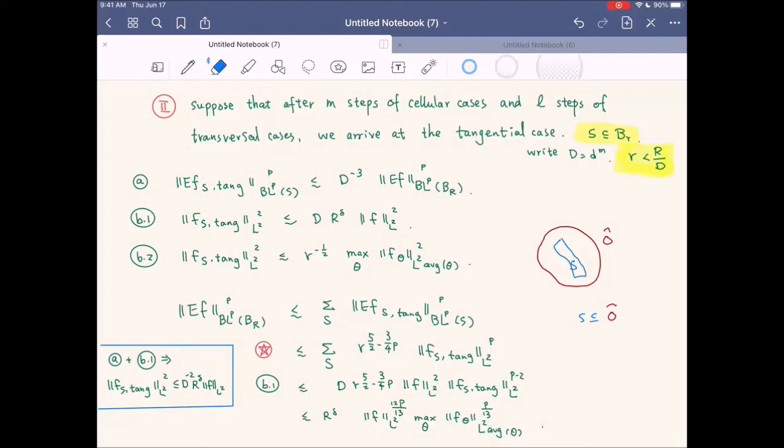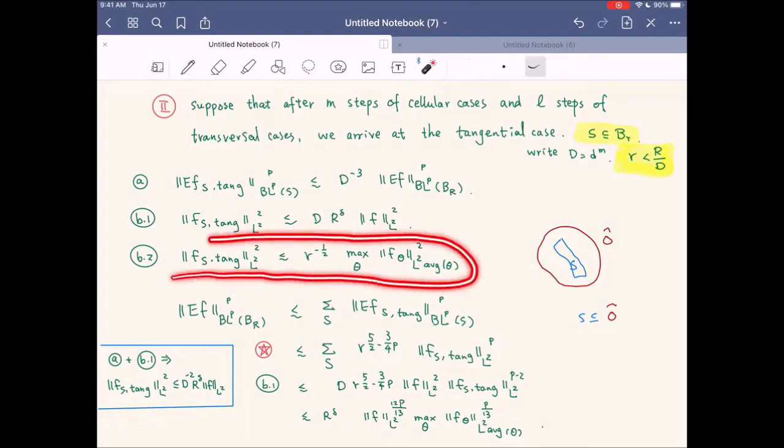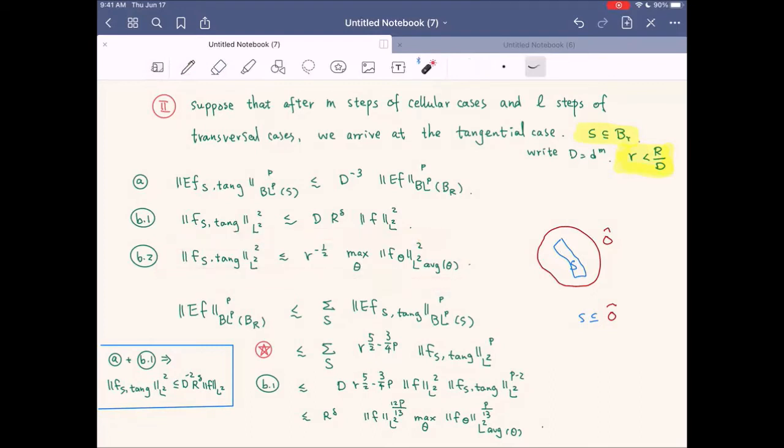And then we also have this geometric inequality. That is, the L2 norm is bounded by something times the approximation of the L infinity norm. This is because of the geometric lemma that we assumed without proof. That is, the support of this function is small because it's tangential to a thin surface. So all the A, B1, and B2 are some iteration of the previous inequalities.